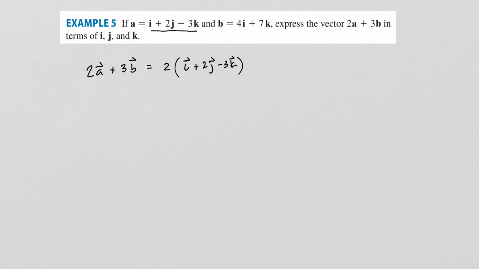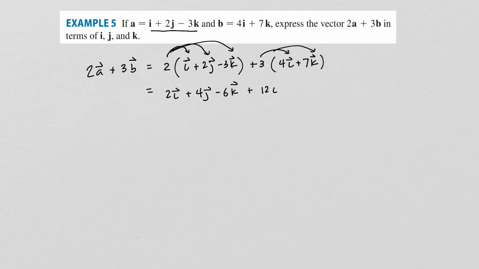And then we have plus 3 times the vector b, which is 4i plus 7k. Because of properties of vectors, I know I can distribute this here and this here. So this becomes 2i plus 4j minus 6k plus 12i plus 21k.